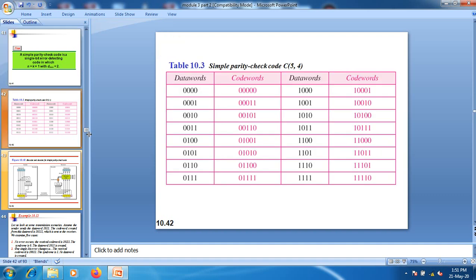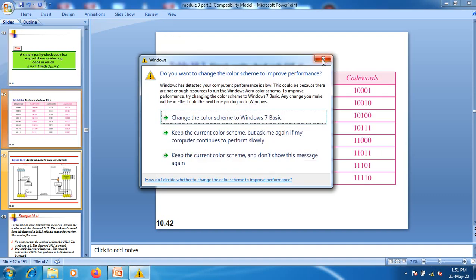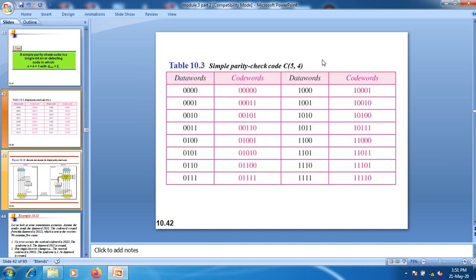This is the table showing how we are adding this one extra bit. I need to build some sort of relationship among these data words and a redundant bit, and here we are selecting this one redundant bit in such a way that the number of ones in the code word should and must be even.